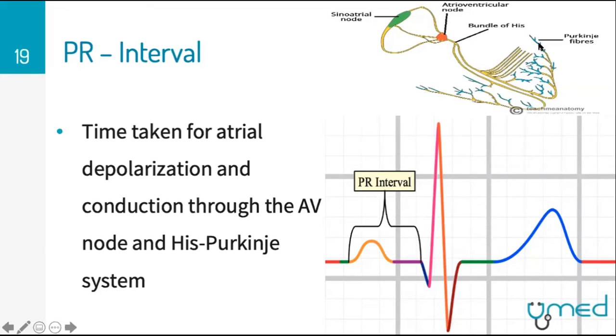And then straight up to your Purkinje fibers. That's the isoelectrical line. So obviously then a PR interval is going to encompass atrial depolarization as well as conduction through the AV node, bundle of His, and the Purkinje fibers.